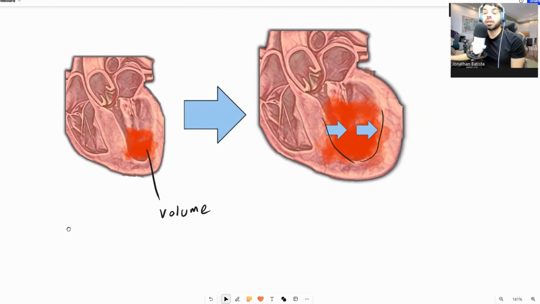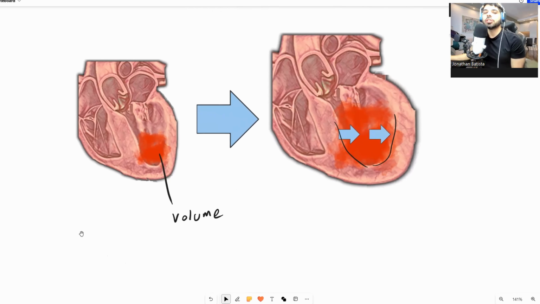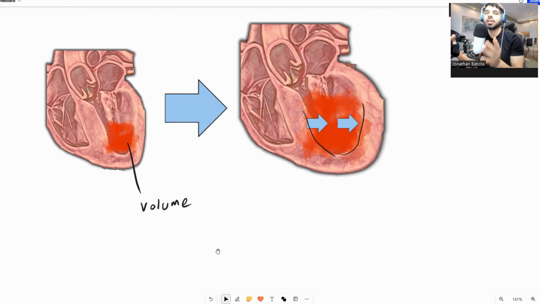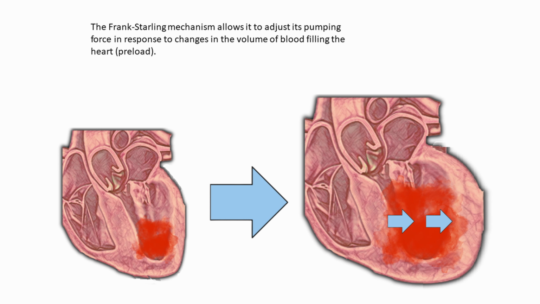Something very important to understand when it comes to preload is that you have to know the Frank-Starling mechanism. So what am I talking about, Frank-Starling? This is the idea that if you stretch, let's say, some type of fibers, you stretch them to the maximum capacity. The moment you let go, the excessive extension that was achieved will contribute to an increase in the pumping force. Basically, it would transfer to increase in force.